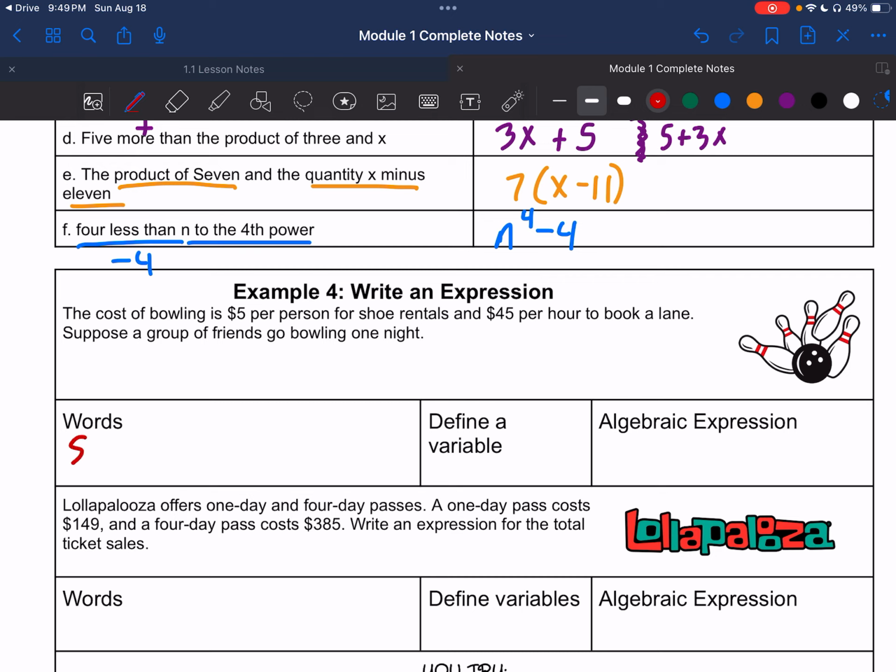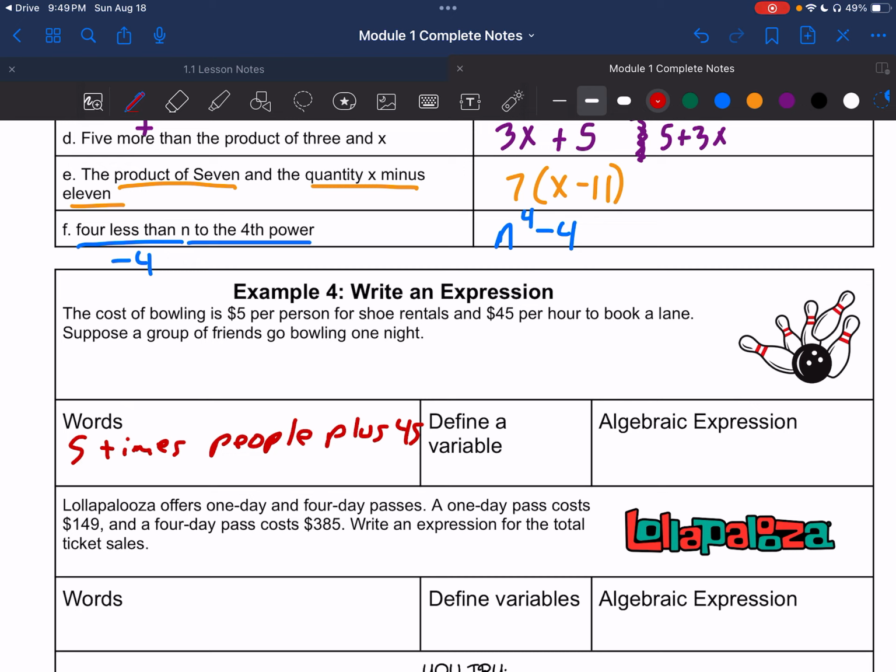We've got 5 times people, and we are adding 45. So define a variable. You could use whatever letter you want in order to define a variable in an algebraic expression. You just need to show what you are defining it as.